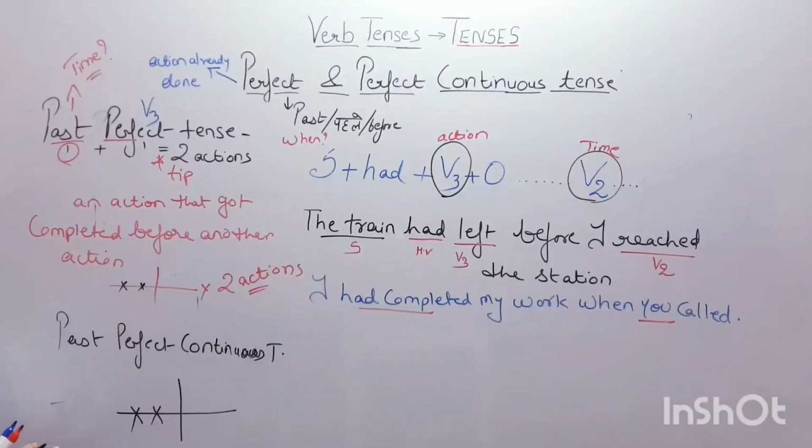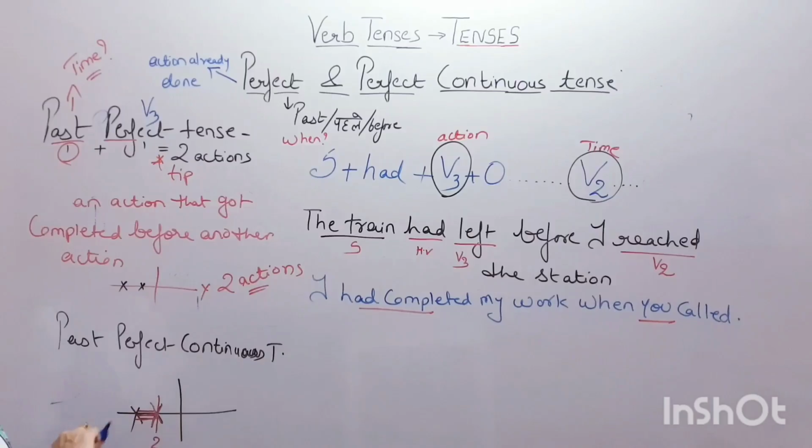But here in this case, there's a connection. The first action that happened before another action will be in continuation till the second action happens, and it will stop when the second action happens. Therefore, it is called past perfect continuous tense.